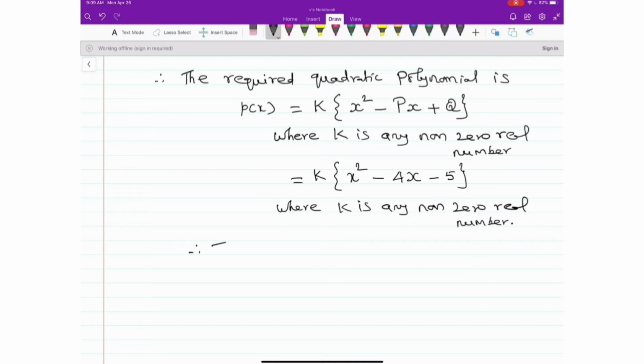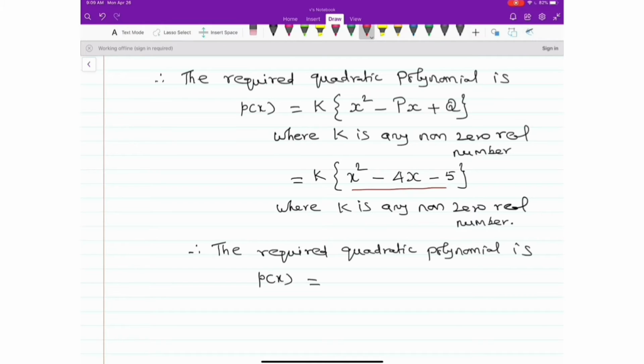Therefore, the required quadratic polynomial is p of x is equal to, just you write x square minus 4x minus 5.